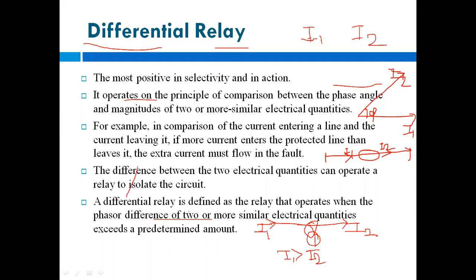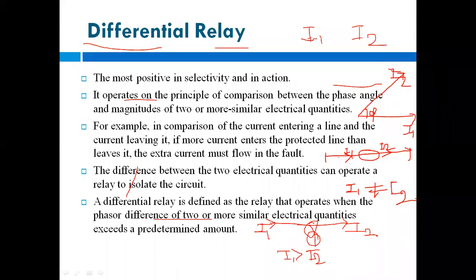Now when there is some difference between these two quantities, suppose the entering current I1 has one quantity and I2 has a different quantity, means these two currents are not equal to each other, it means that some fault has occurred in this equipment.